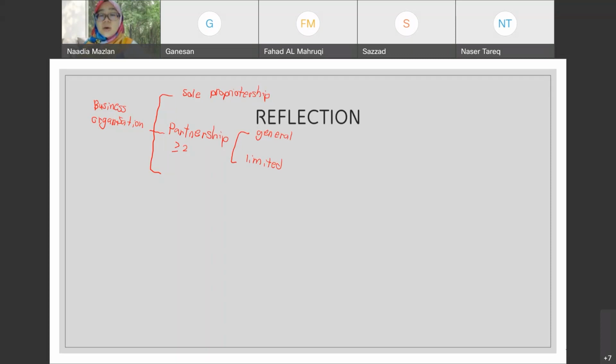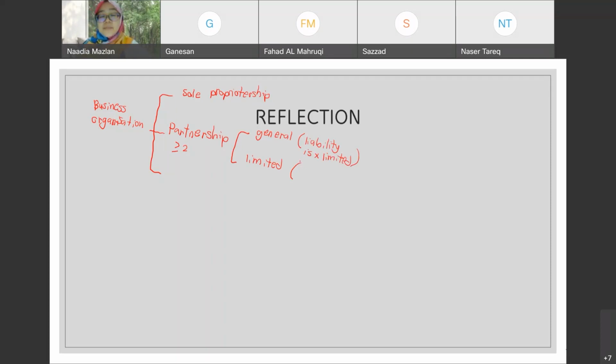What is the difference? In general, liability is not limited. And limited? Liability is limited to the amount invested.